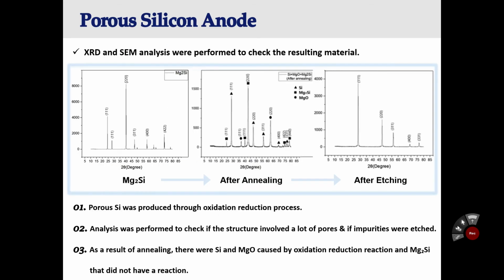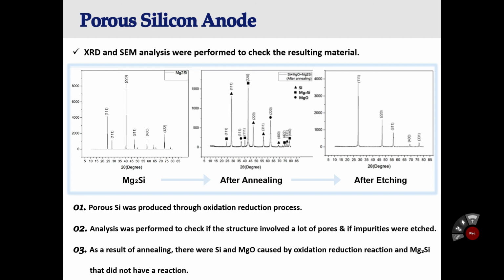The following data were measured using the XRD equipment for the magnesium silicide material before the process and after the annealing and etching processes. The porous silicon was produced after an oxidation reduction reaction.